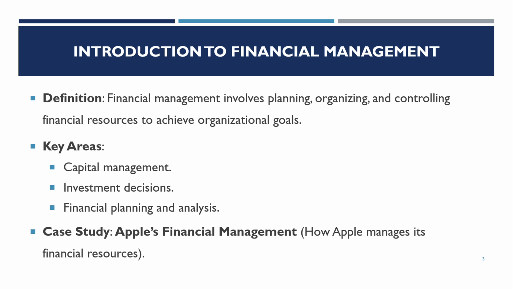Here I have mentioned a case study regarding Apple's financial management. Apple is known for its effective financial management. The company always carefully manages its capital, makes strategic investment decisions, and conducts thorough financial planning to maintain its position as one of the most profitable companies in the world.